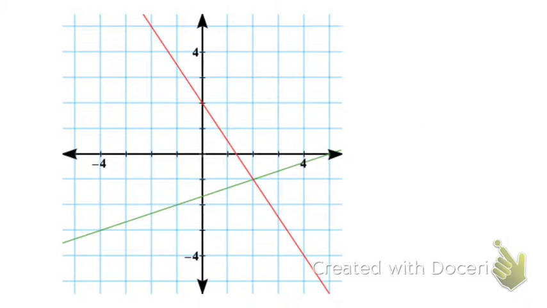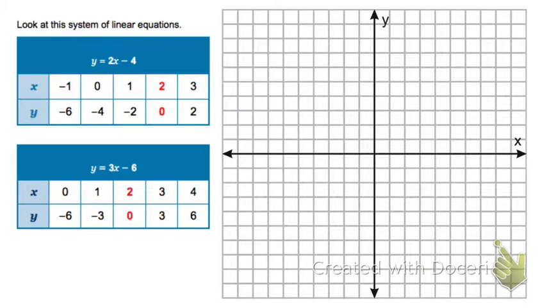If you're not given a graph, if instead you're given just some points that are solutions to that equation, like here in the top table, they substituted in negative 1 for x, and they solved it and said, when I put in negative 1, 2 times negative 1 minus 4 is negative 6.